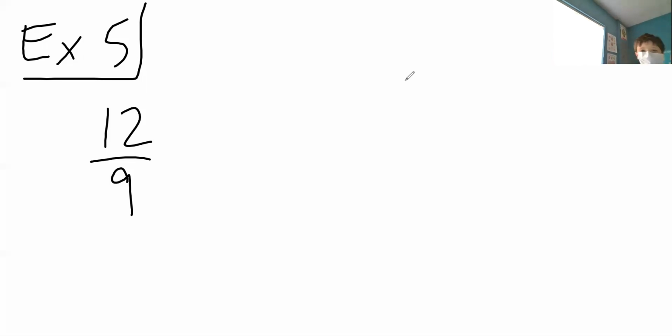Okay, so first I'm gonna use red. But first I just minus 9 from the numerator because I'm making a whole number. Minus 9. I'm just gonna put 0.